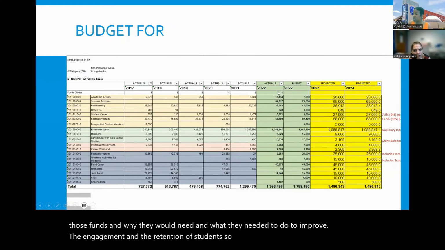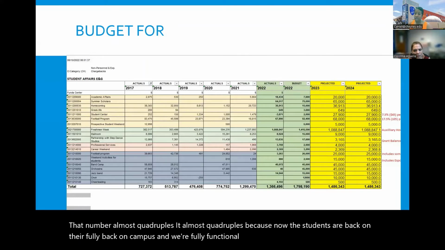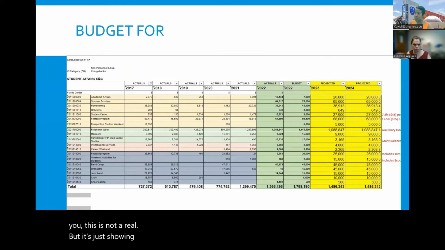So when we get to 2022, that number almost quadruples, because now the students are fully back on campus and we're fully functional. Enrollment has increased, not a whole lot, but it has increased. So more money is needed to do certain things. Now, mind you, this is not real, but it's just showing you how the money is used, right?